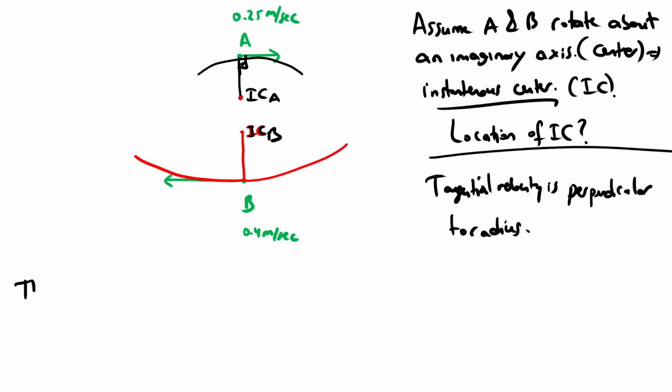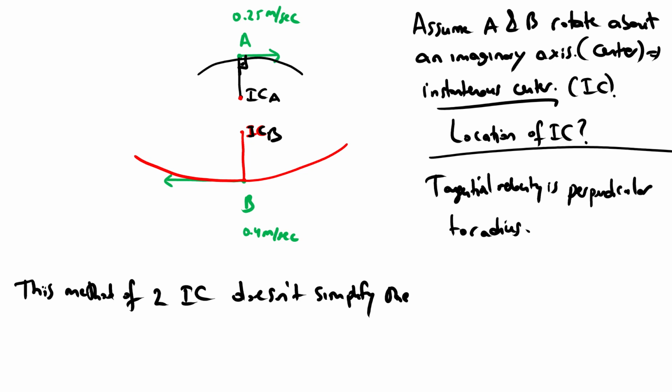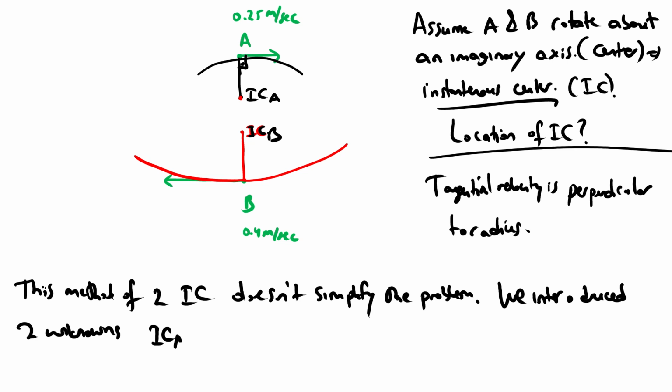This method of two ICs doesn't simplify the problem, because now we have introduced two unknowns, which are the IC of A and the IC of B.